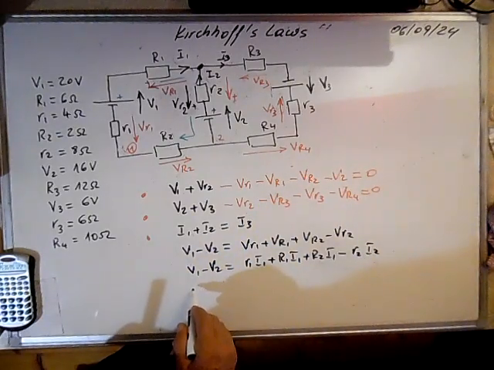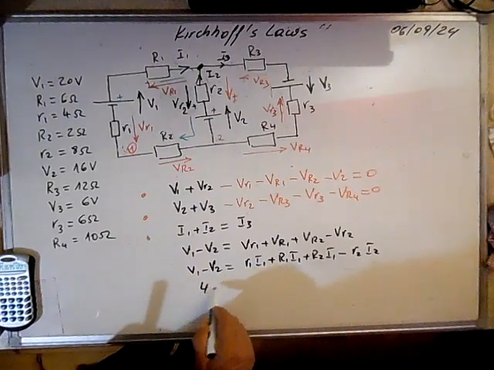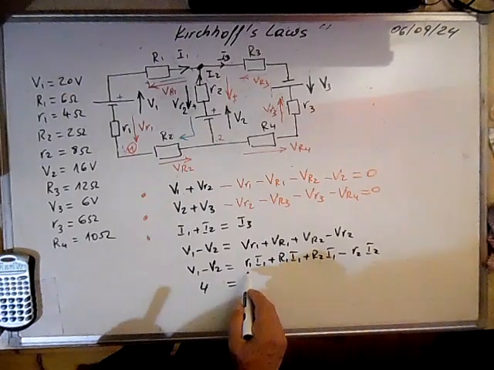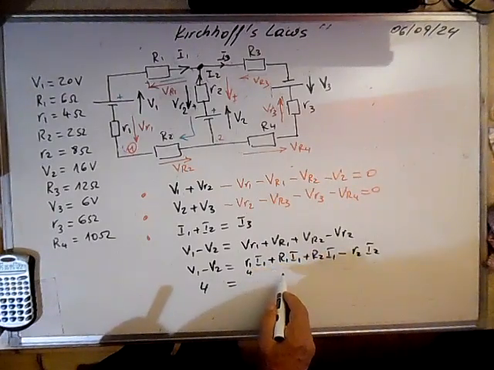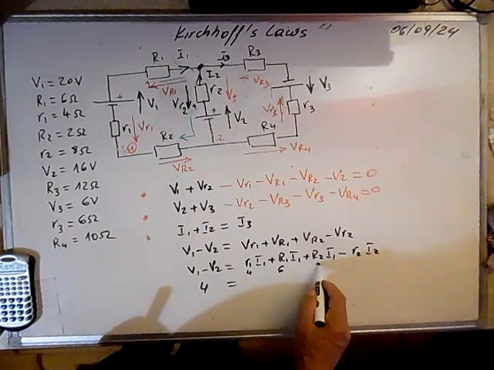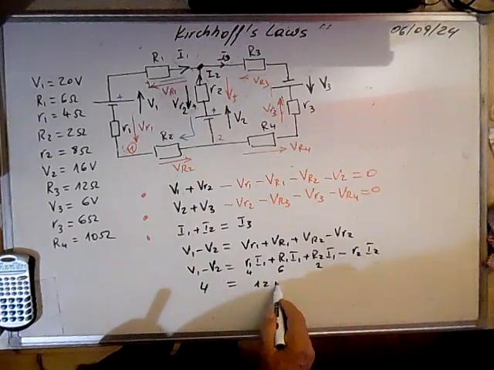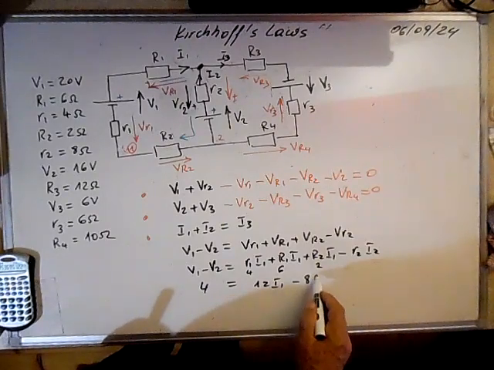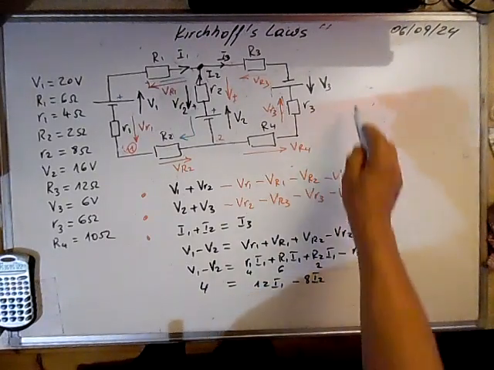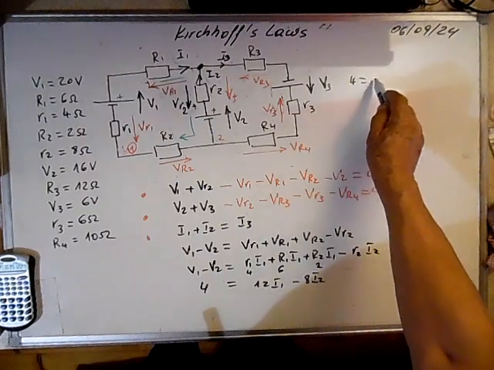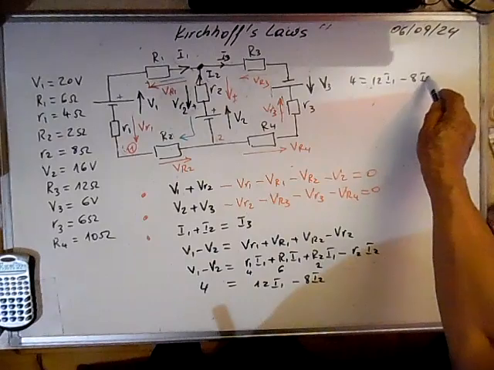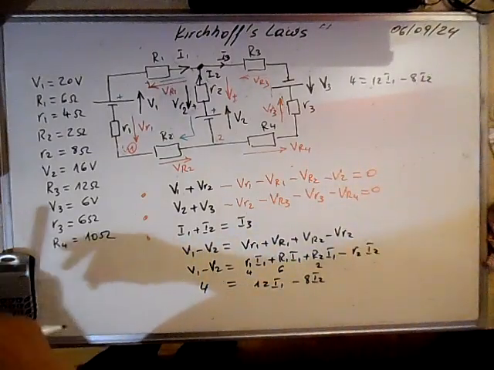It means that V1 minus V2, 4, is equal to, small r1 is 4, capital R1 is 6, and 2, it means 12 I1 minus R2, 8 I2. So we write here the first equation. 4 is equal to 12 I1 minus 8 I2. This is the first equation.